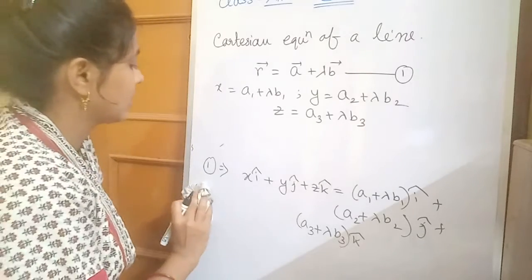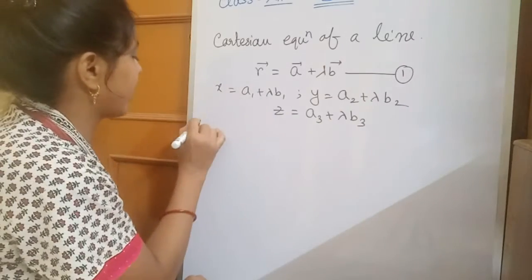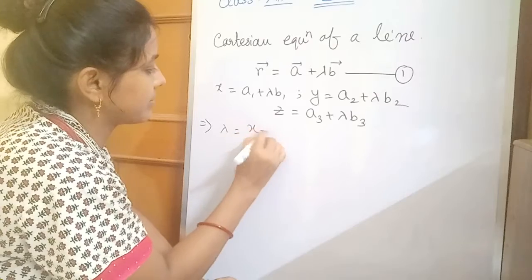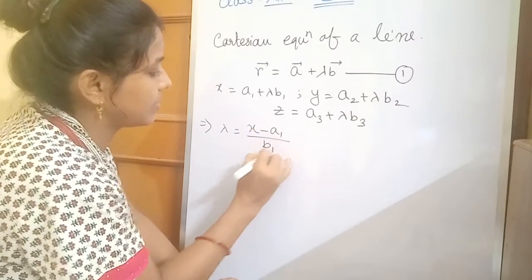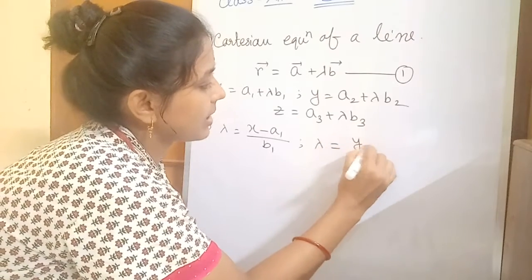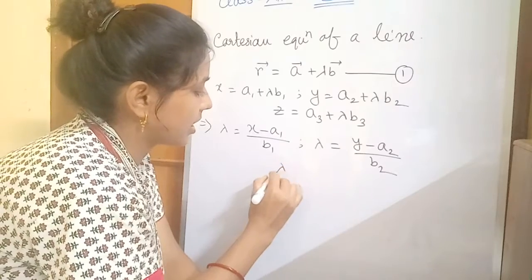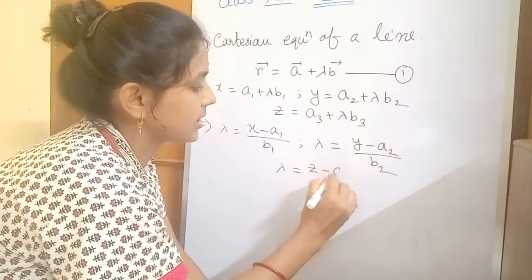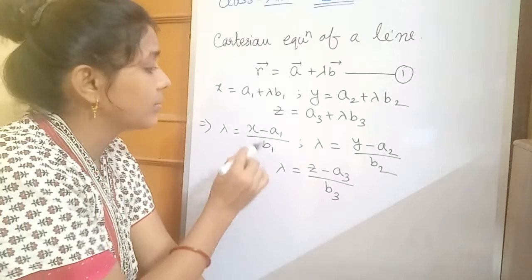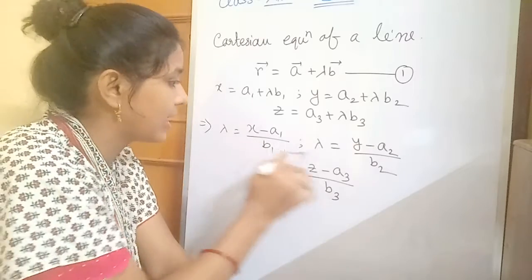Okay. So from the first one, lambda can be written as x minus a1 divided by b1. From the second one, lambda equals y minus a2 divided by b2. And from the third one, lambda equals z minus a3 divided by b3. Now from these three we get lambda's value only, so we can equalize all three.